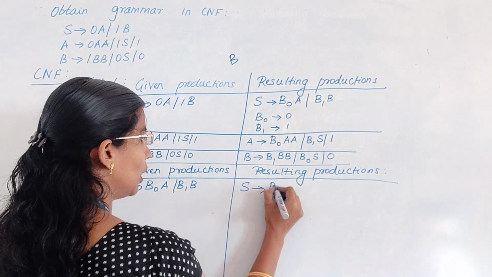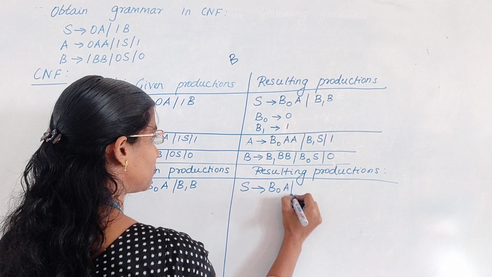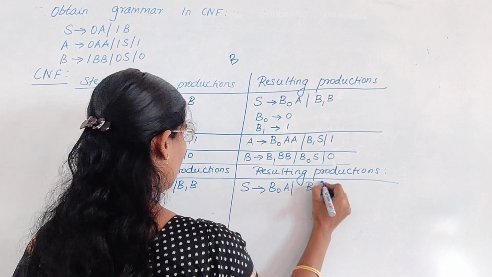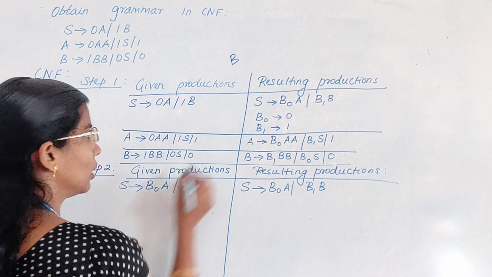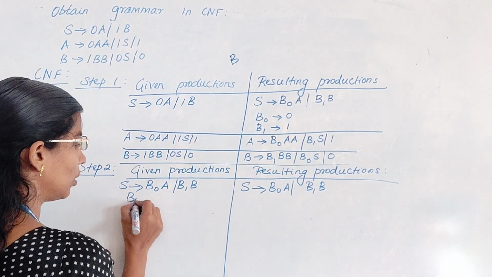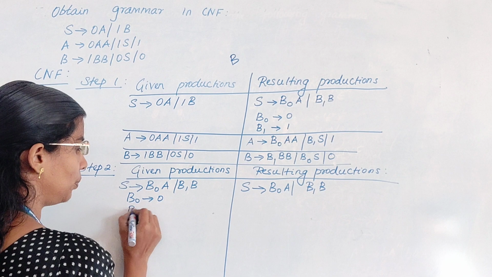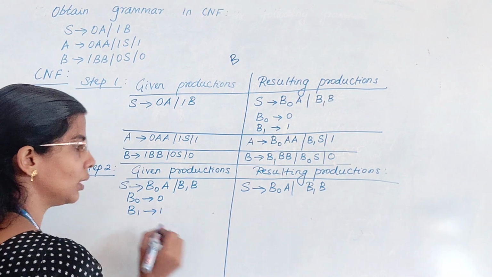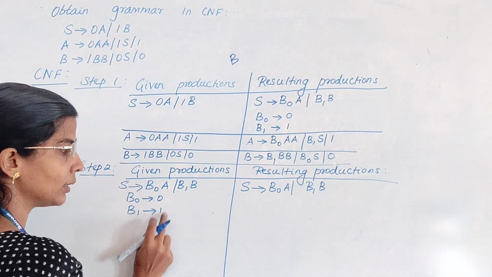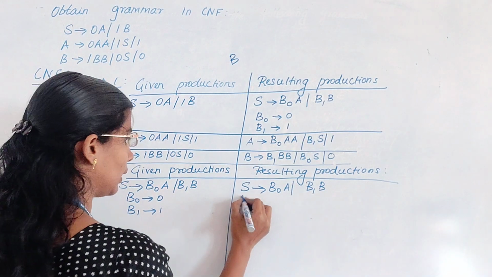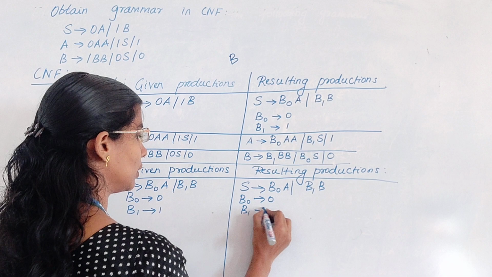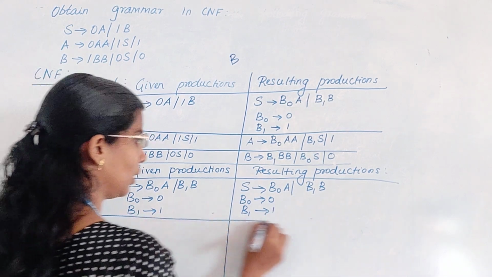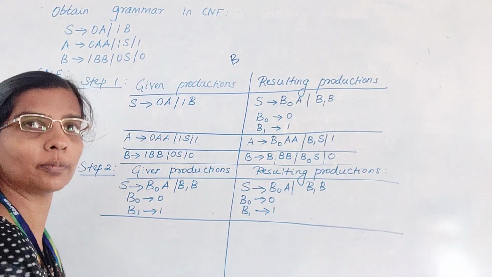S tends to B naught A B1 B. What about these productions? We'll write that also. B naught 0, B1 1. So again it is a single terminal. This is also in the correct form, so I will write as it is. Right? First row is over.